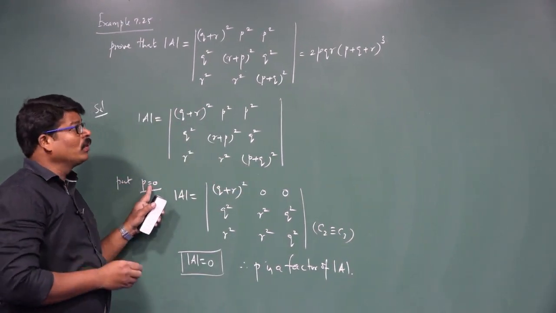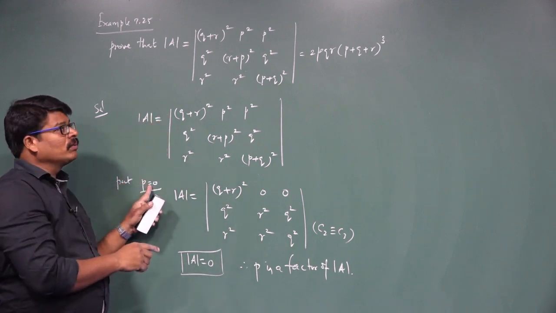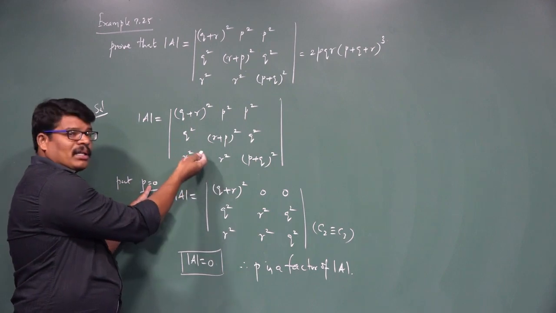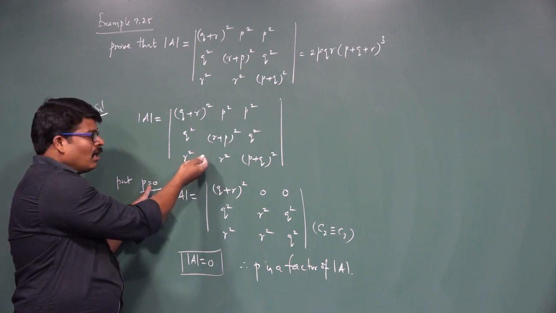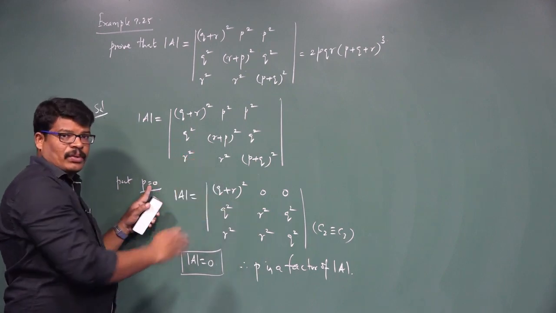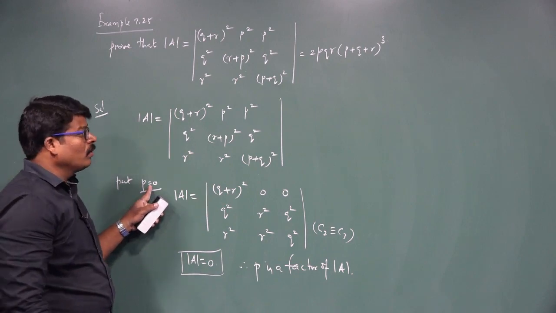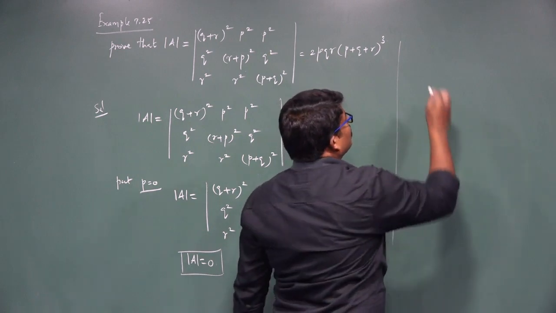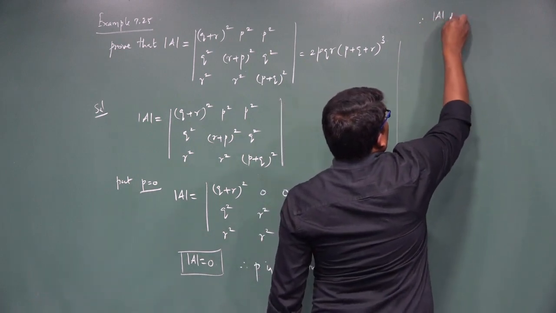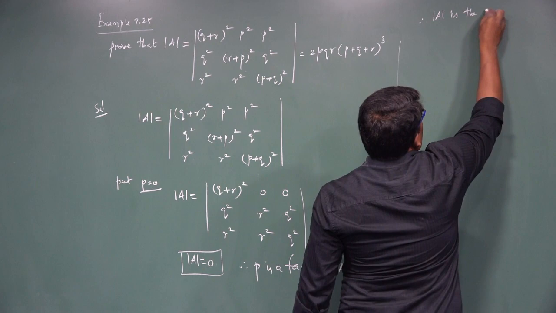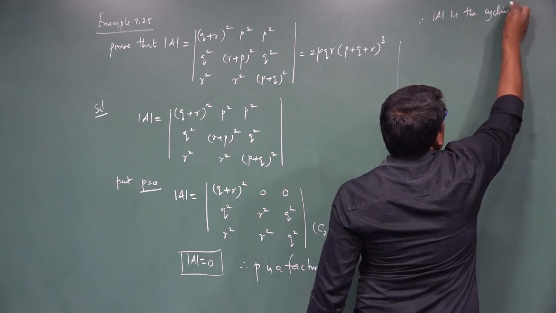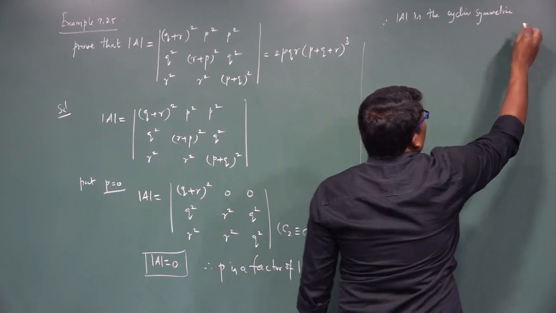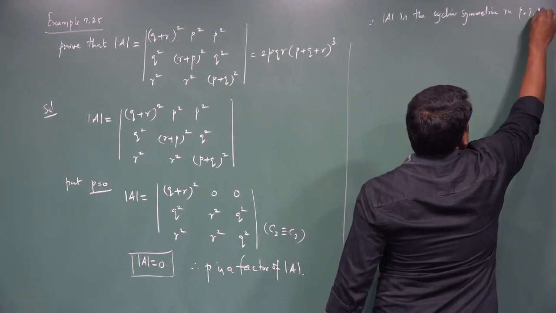Similarly, we can prove for q equal to 0 and r equal to 0: substituting in the determinant, determinant A also equals 0. So the determinant A is in cyclic symmetric form in p, q, r.